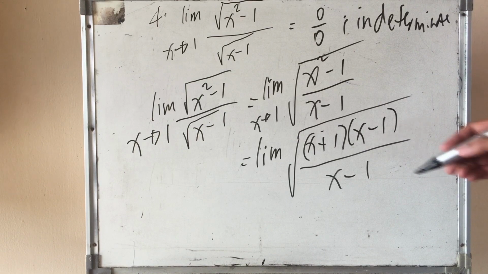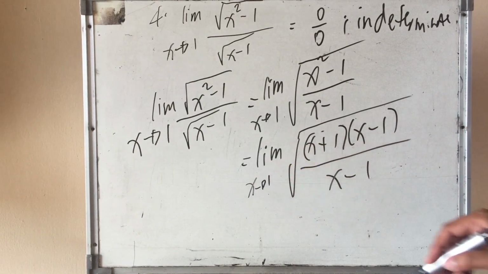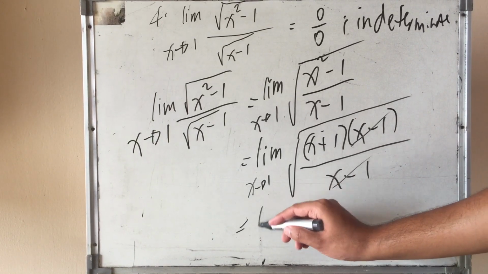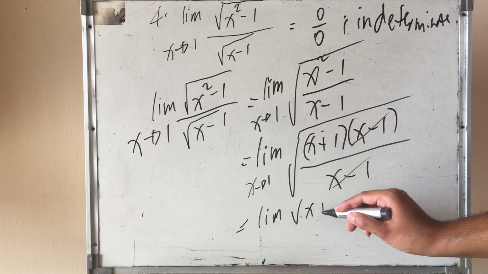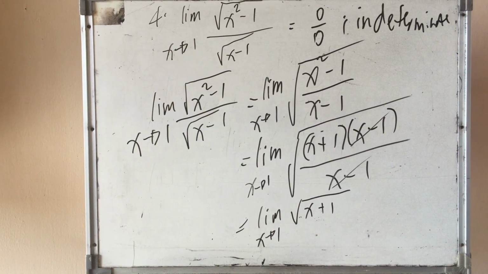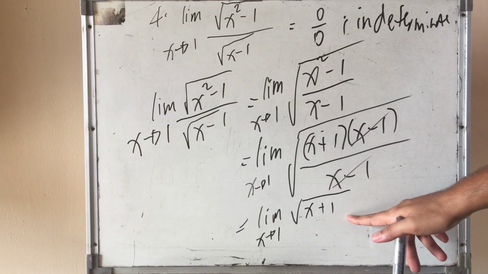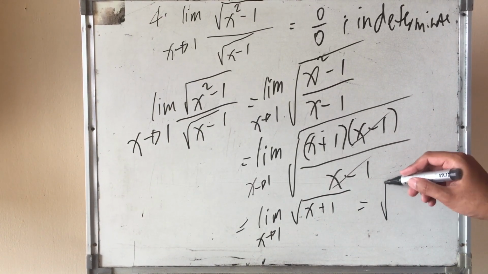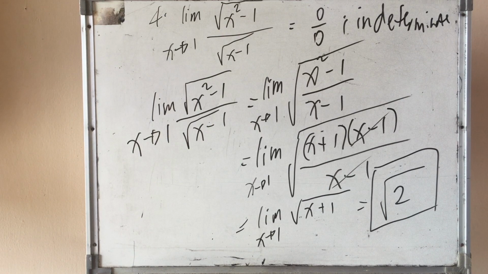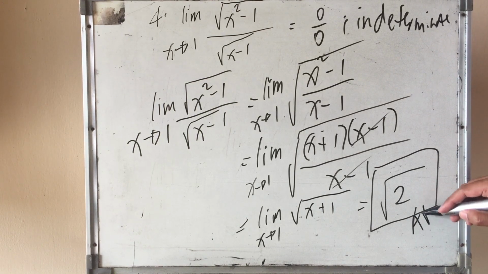Then cancel out x minus 1 and x minus 1. So this is equal to the limit of the square root of x plus 1 as x approaches 1. Substituting x equals 1 in this equation, we have the square root of 1 plus 1. So this is equal to the square root of 2. So the limit of the square root of x squared minus 1 over the square root of x minus 1 as x approaches 1 is equal to the square root of 2. Answer.